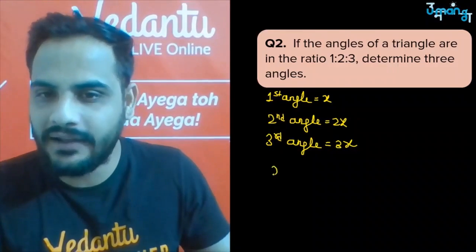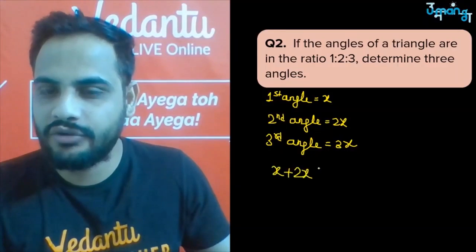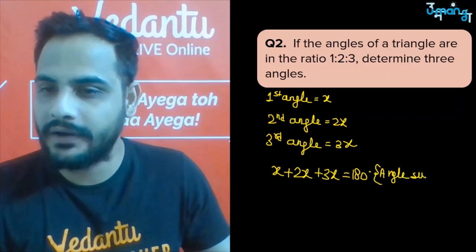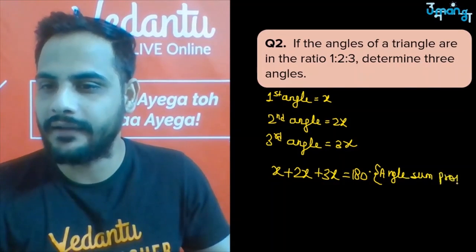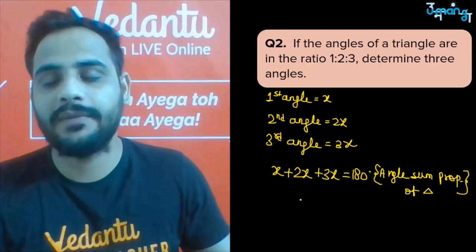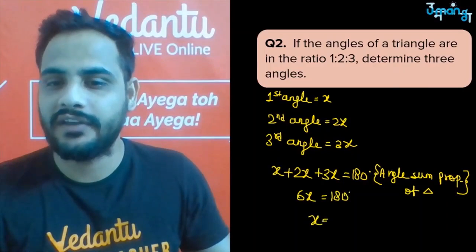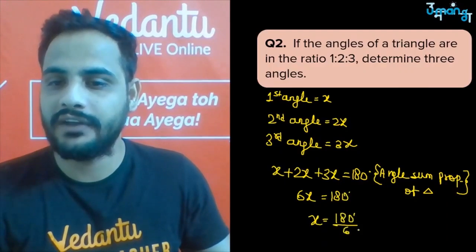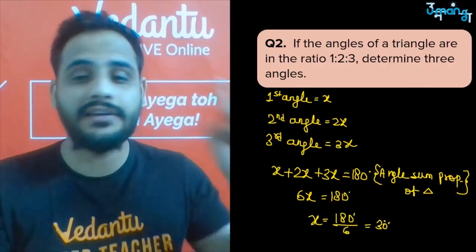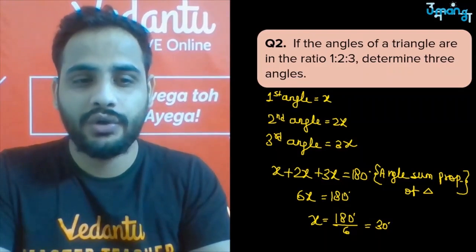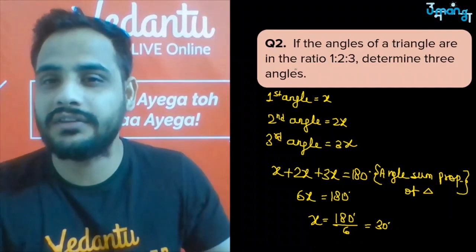I know by angle sum property of triangle, x plus 2x plus 3x is equal to 180 degree. We have to always write the reasons. So x plus 2x plus 3x is 6x, which is equal to 180 degree. X is equal to 180 upon 6, which is equal to 30. But this is not the answer, because the question is telling you to find all the three angles.